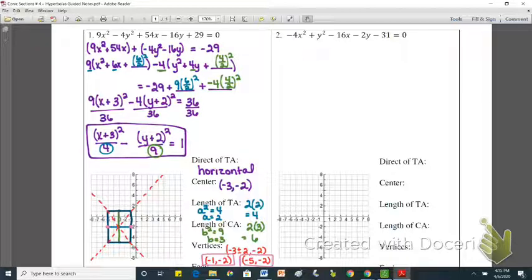Once we have our asymptotes, we can now graph our function. We don't need any more points. All we need is the vertices and the asymptotes. So we are going to use our vertices and our asymptotes to guide our line.